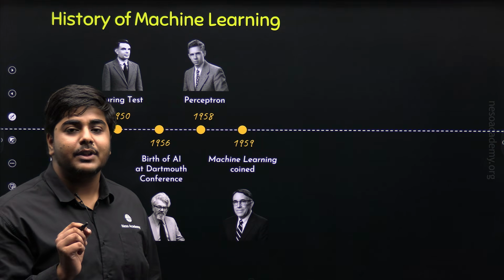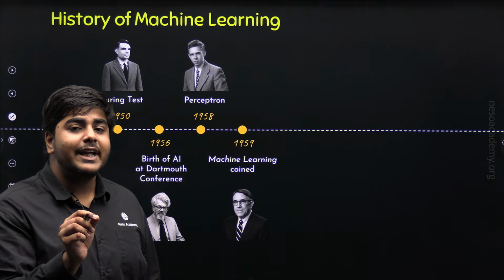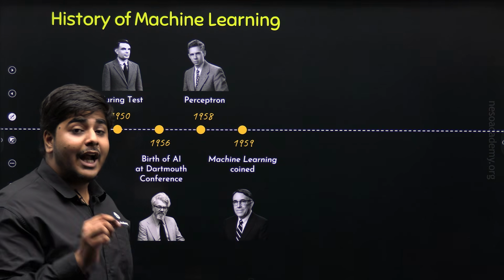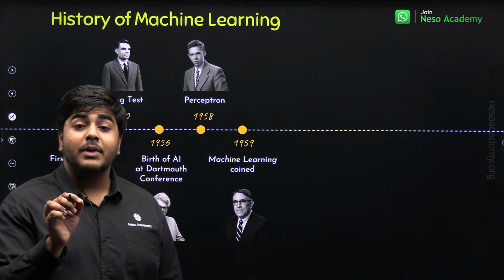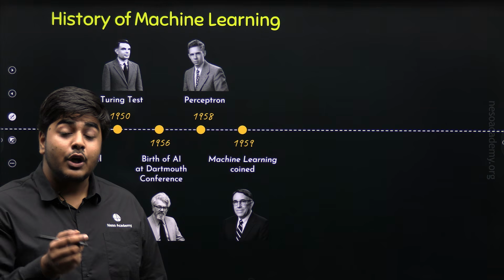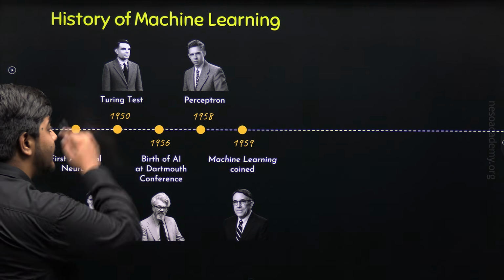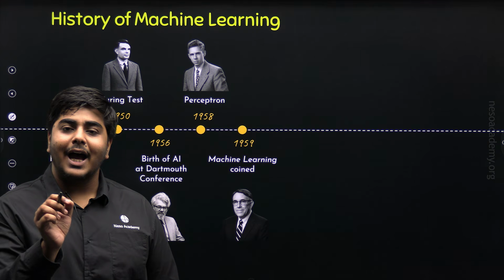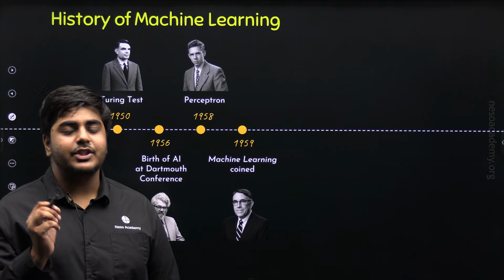He is Arthur Samuel, an American computer scientist who was a pioneer in the field of computer gaming and artificial intelligence. He coined the term machine learning and also gave one of the definitions of machine learning. According to him, machine learning is the ability of computers to learn from the experience without being directly programmed for each and every task. So these all personalities, including many others, were the scientists, researchers, and psychologists who contributed in the field of artificial intelligence and machine learning.